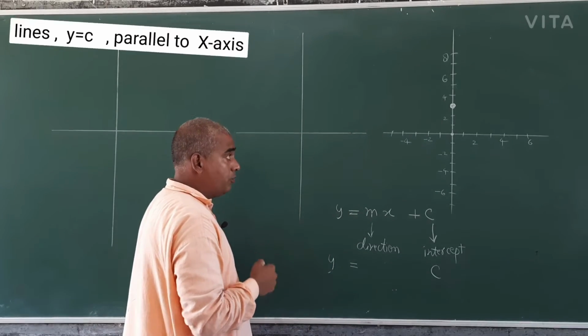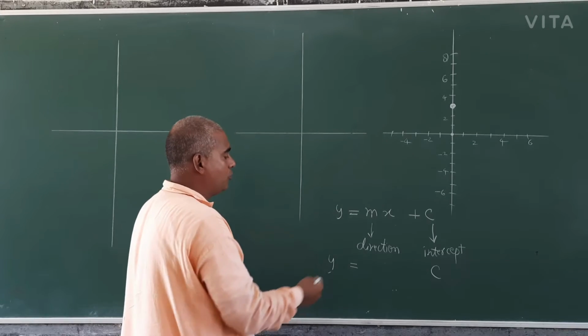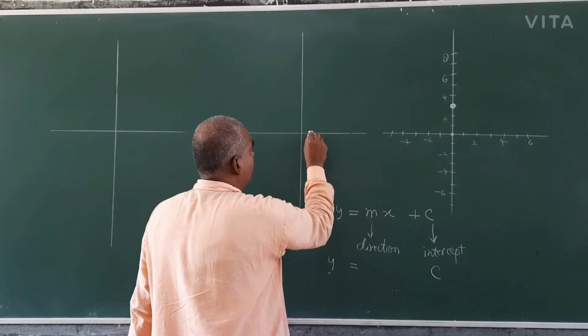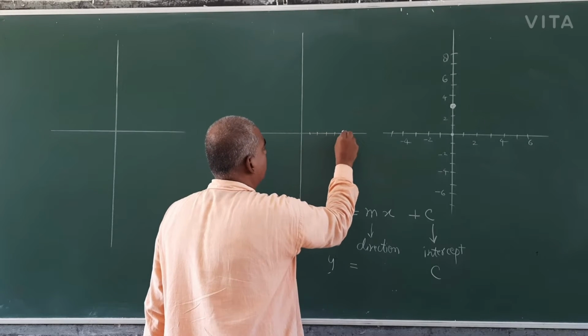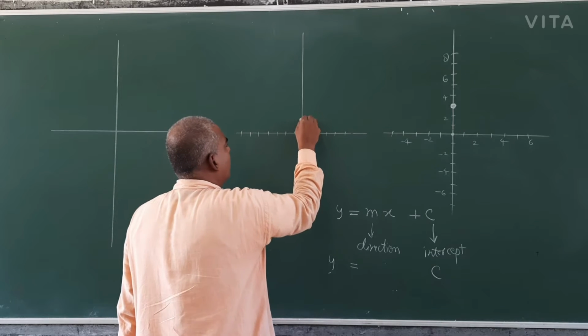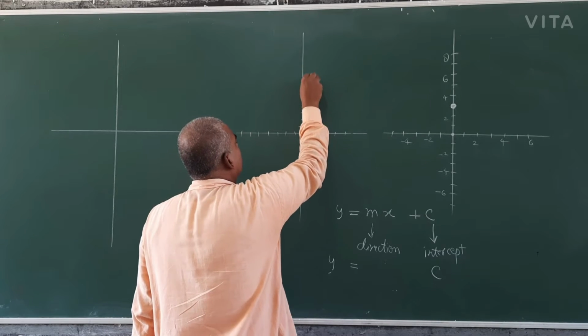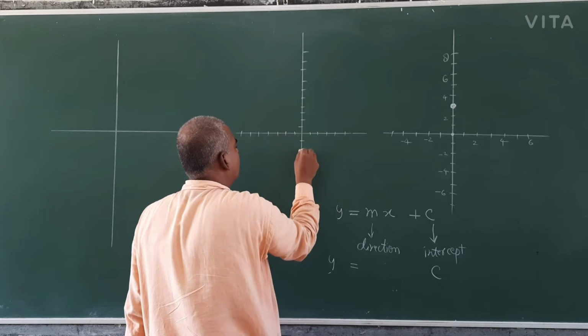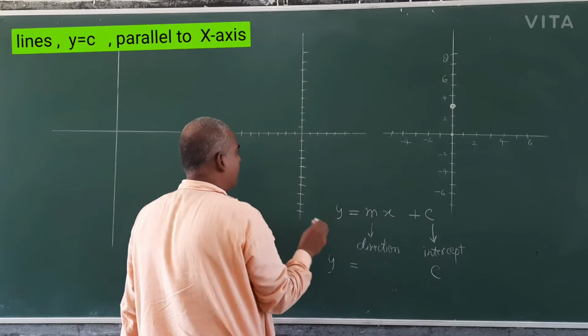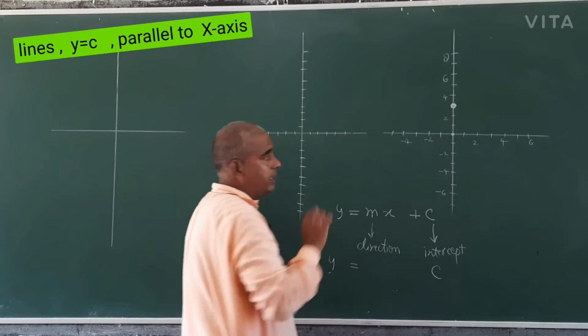When you take two variables, this is the one variable, and 1, 2, 3. This one variable means you are getting 1 point.